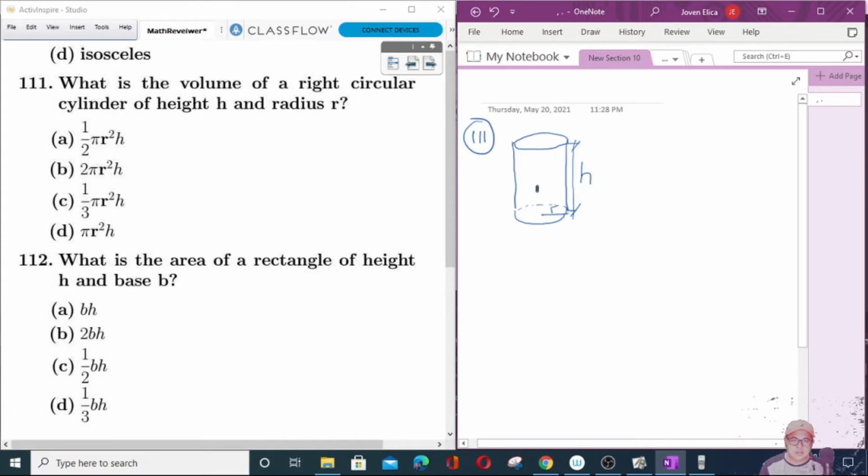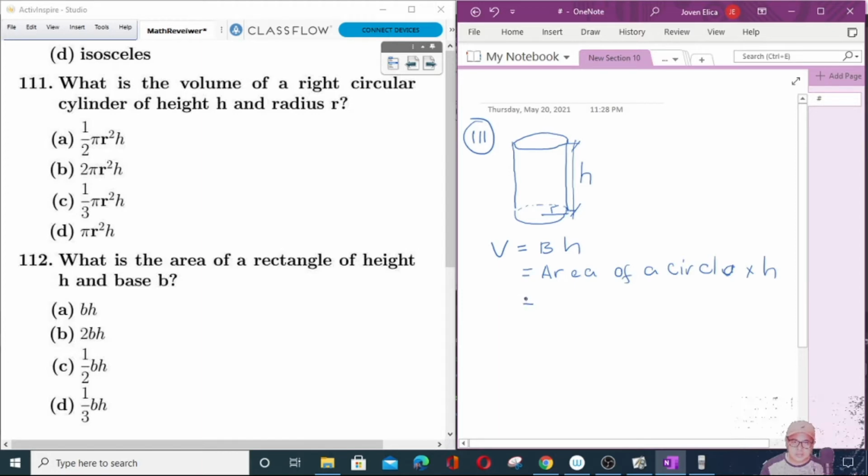In a cylinder, the volume is actually the base multiplied by the height. The base of the right circular cylinder is actually the area of a circle, because this is a circular shape, multiplied by the height.